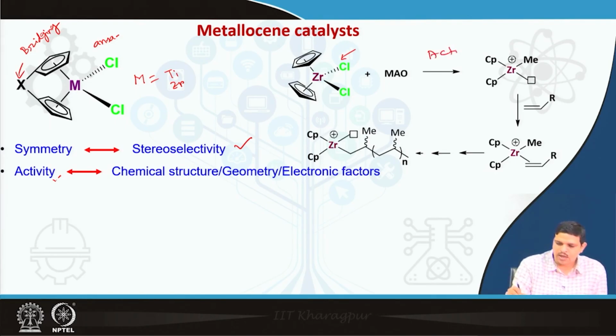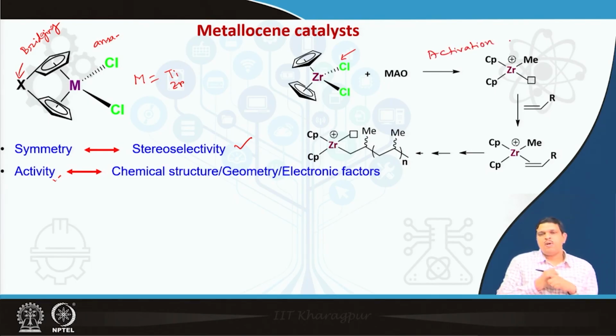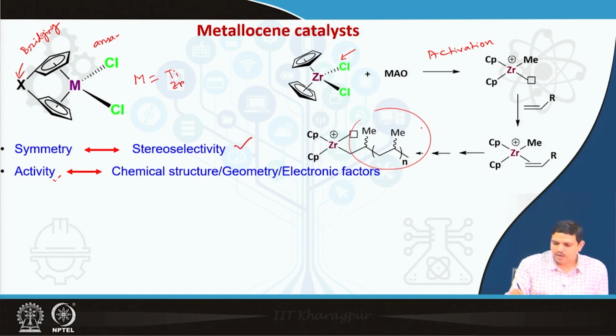For the activation of the catalyst we use MAO or the boron based activators that we have discussed in the last classes, and then it undergoes the insertion reactions, alkene coordination followed by insertion, and then we get the respective polymer unit, as you see here. And we have also learned that depending on the symmetry, we will get different tacticity.